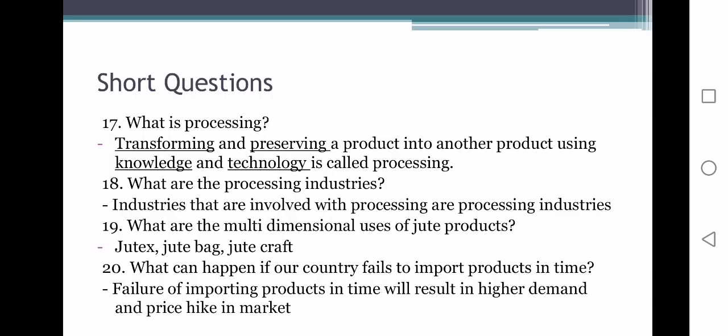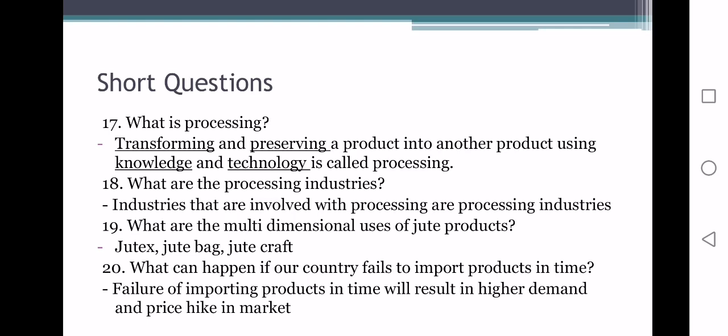Question number 17. What is processing? Processing is transforming and preserving a product into another product using knowledge and technology, and all these things are known as processing. So two things, first of all transforming and then preserving.